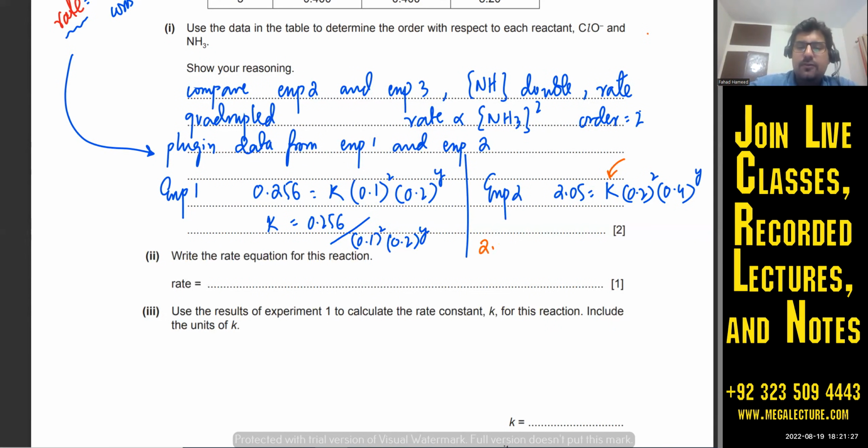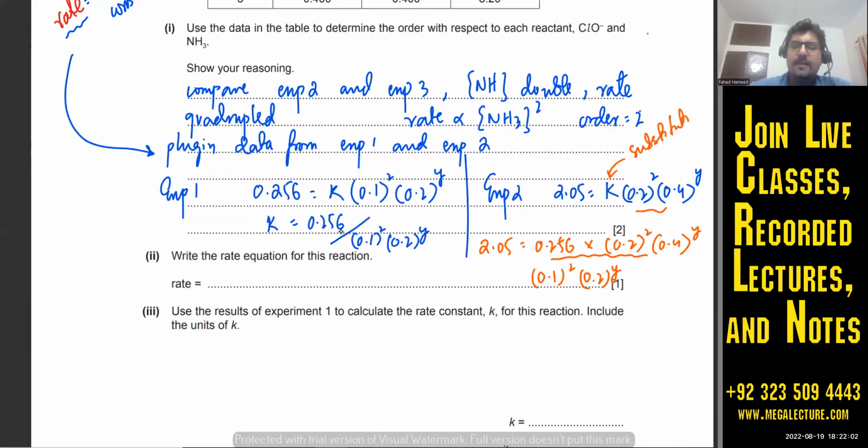What I'm going to have is 2.05 is equal to k, which is 0.256, and at the bottom it's 0.1 squared and 0.2 to the power y, multiplied by 0.2 squared and 0.4 to the power y. And I'm going to try and solve this. Okay, it's a simple substitution method: take the k from one equation and put it in the other one.